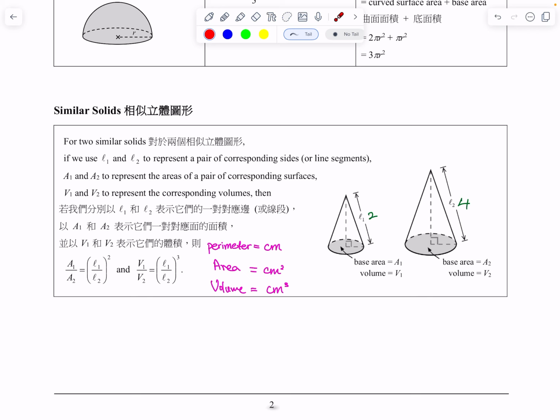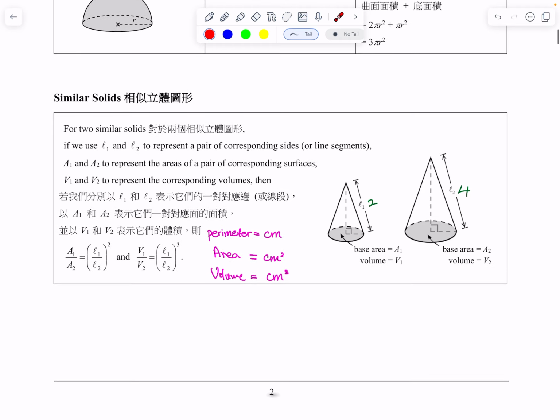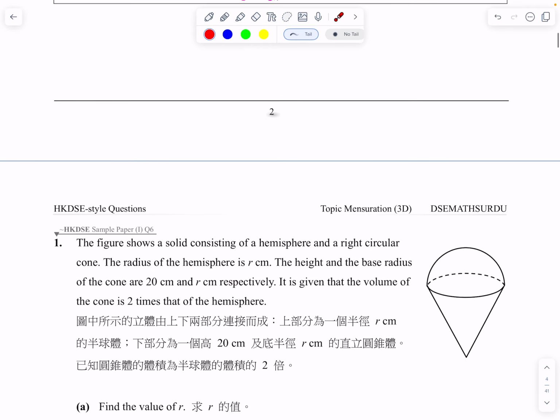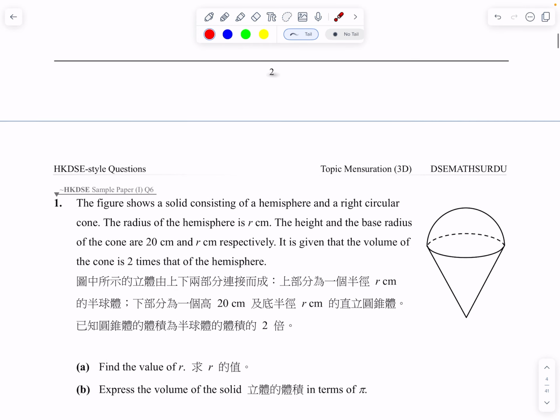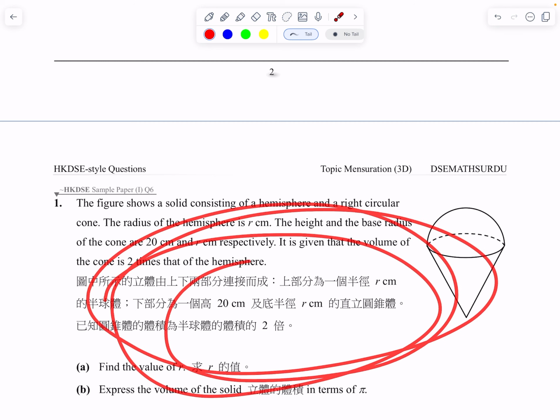Now for this video, I'll end here because I just wanted you guys to learn the concepts. And then of course we will have these questions at the back. A lot of questions, over 30 questions. It's just to make sure you can deal with all the styles. This is very common. If it comes like this, because it's not a similar figure, it could be in your A1.